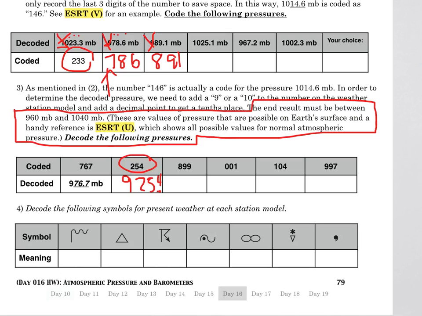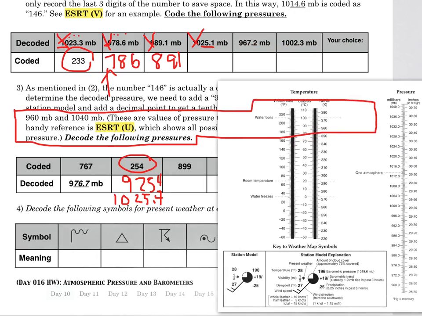And the other possibility, if you noticed up here, because we could also get rid of a 10 to keep the last three digits, is 1025.4. Put a decimal point back. To figure out which one it actually is, we need to take a look at, again, this reference table, reference table U, and see which of these numbers, 925 or 1025, is actually on this for the air pressure.